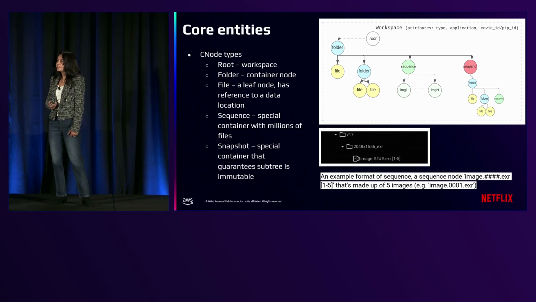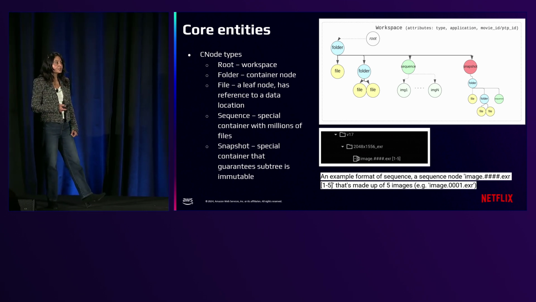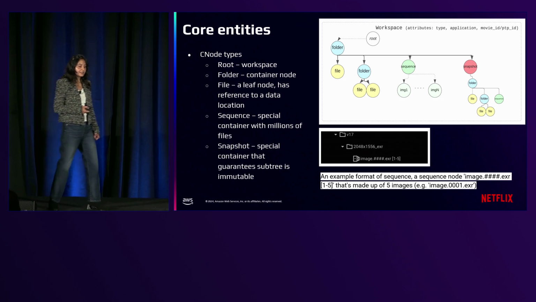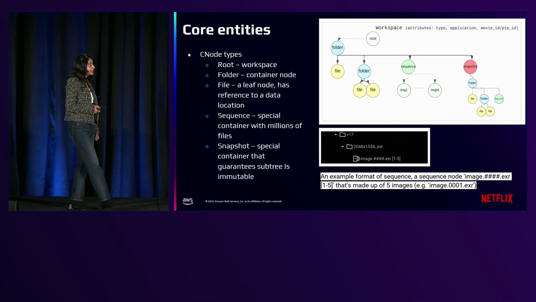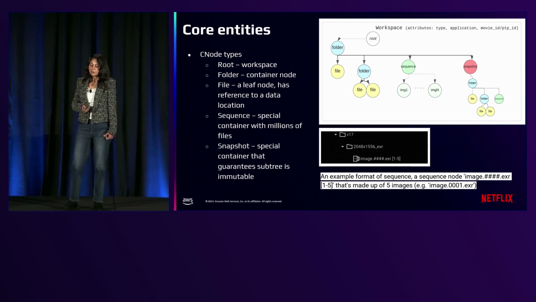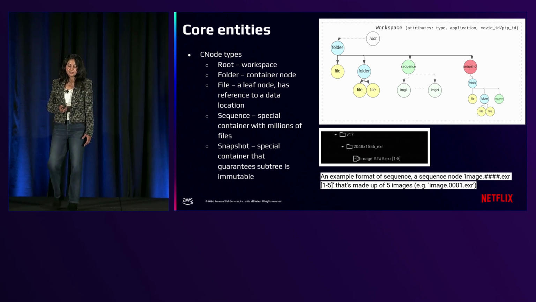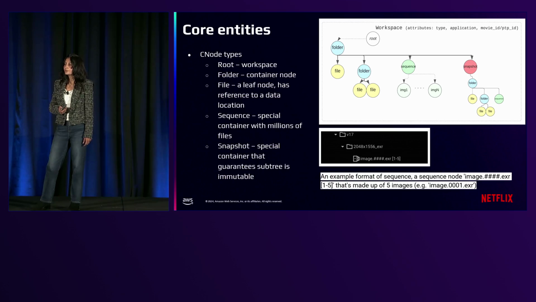This is a special media feature that we have added in Content Drive to help our consumers understand the media underneath. And then another special container that Content Drive provides is Snapshot. Snapshot is a special container that guarantees the subtree under it is immutable. Typically, applications create the snapshot to lock the files and folders to create the final assets.